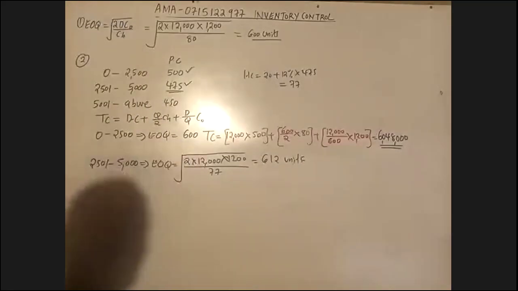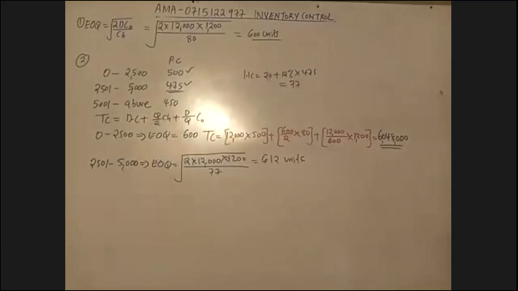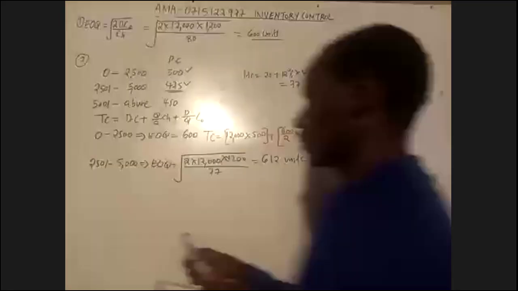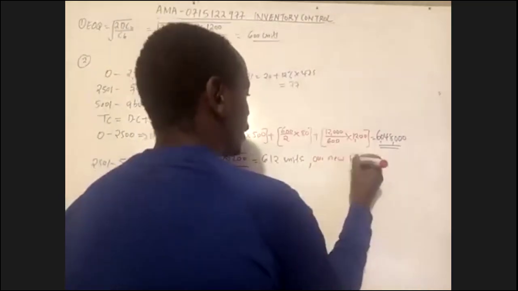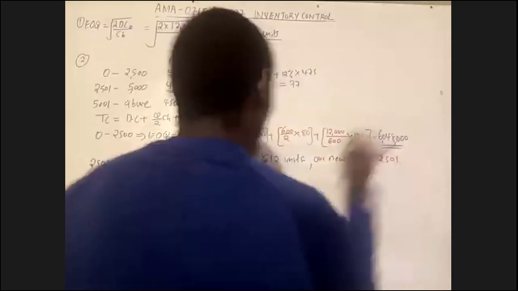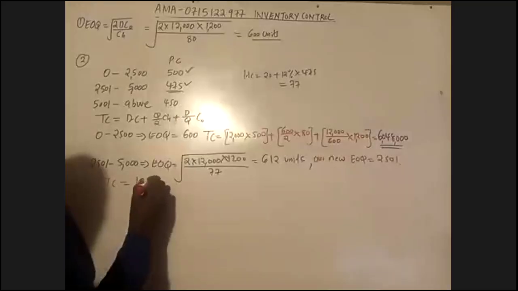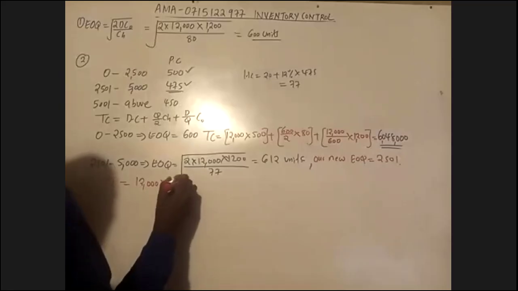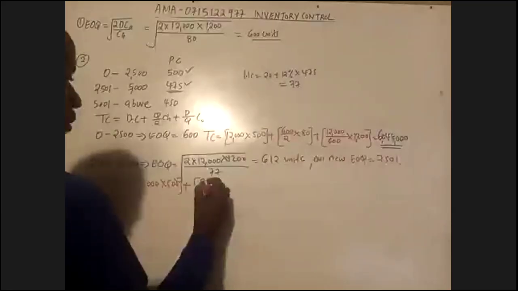Now 612 units, is it within the range? No, below. So we use 2501. So we say our total cost itakuwa ni 12,000 and 500 plus 2501 over 2.